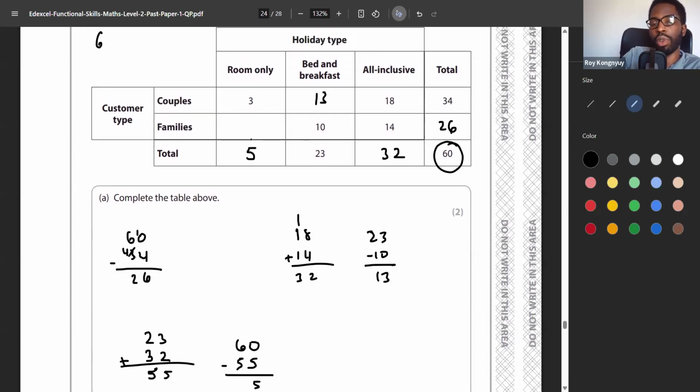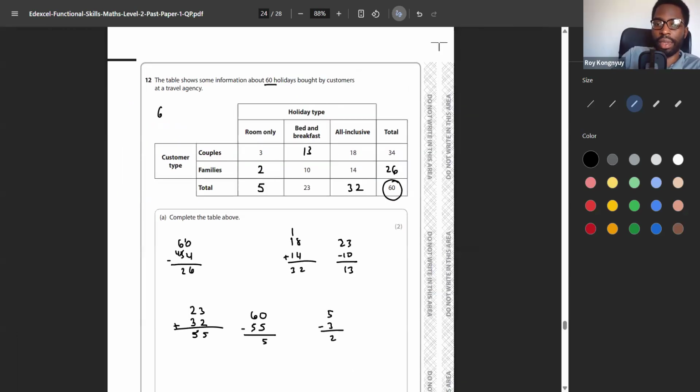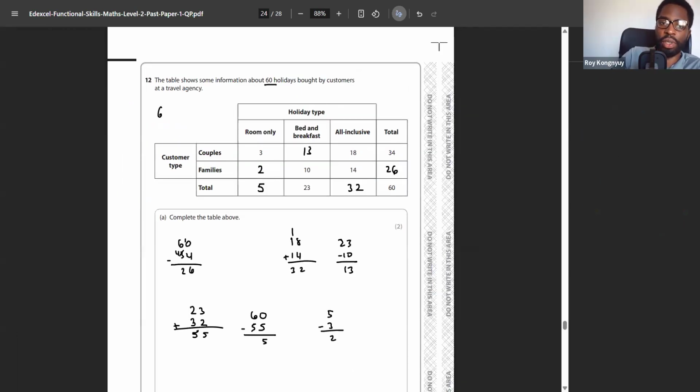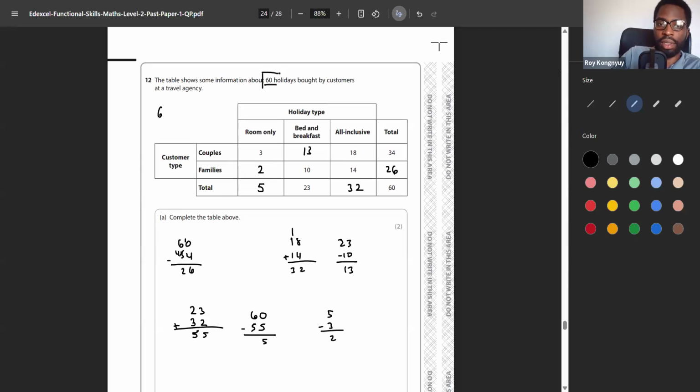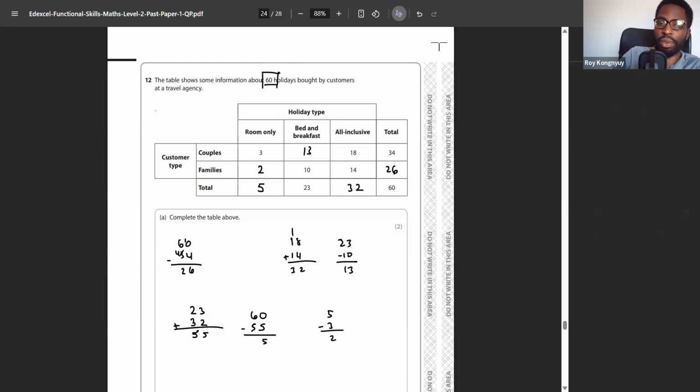And if 5 book only for a room, 3 of them are couples, the remaining must be families. That's 2. This is 2 right here. I hope that made sense. So everything hinges on this fact here. There's 60 holidays. From there, we just follow the logic.